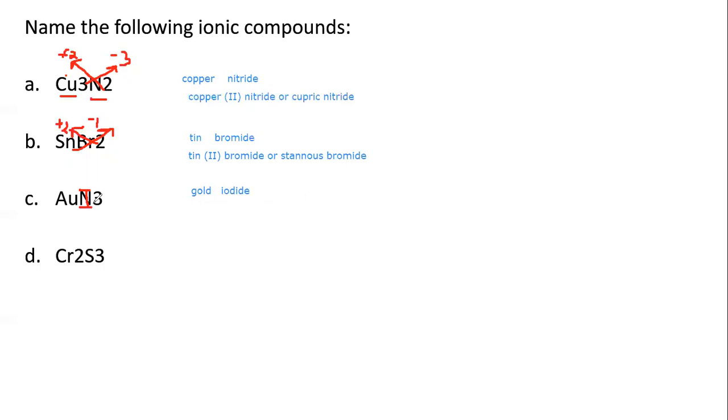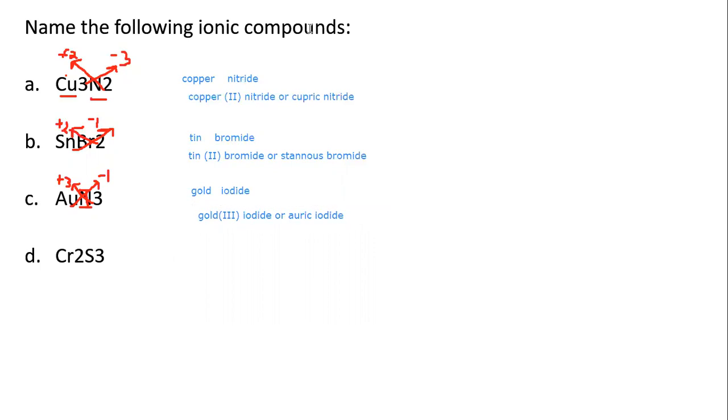So if we do the reverse crisscross, we see gold is a +3, and iodide is a -1. So this would be gold(III) iodide or auric iodide. Because aurum is the Latin name for gold. So you have to say auric iodide.